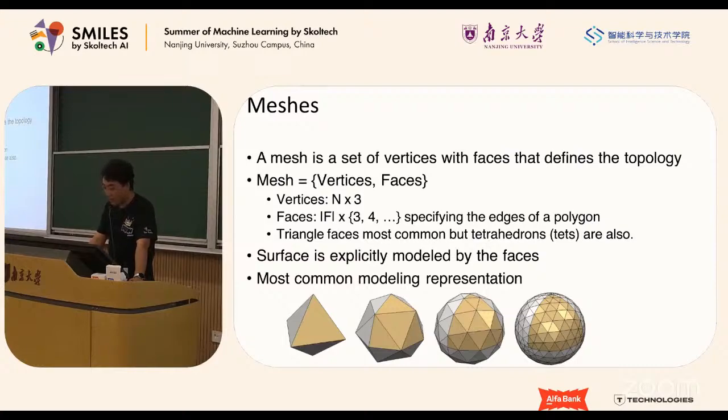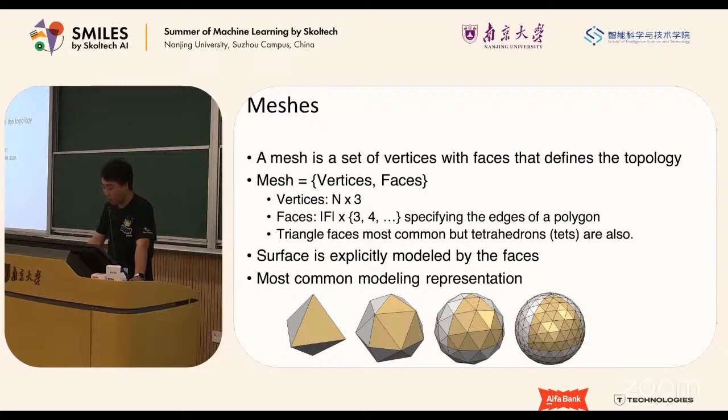A mesh is easy to understand. A mesh has 2 parts, vertices and faces. The vertices store the position, while every face stores the indices of the vertices on a polygon. Triangle faces are the most common and quite an easy-to-use representation today.